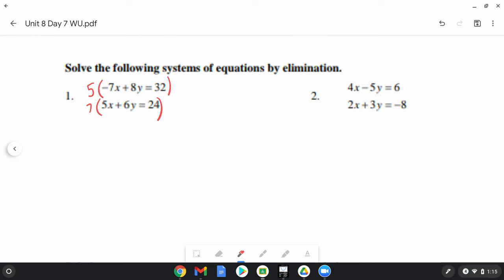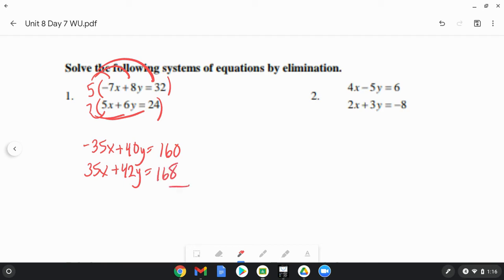So if I multiply the 5 into this, we would get negative 35x plus 40y. 5 times 30 is 150. I think that's 160. If I multiply the 7 in, that'd be 35x plus 42y. 7 times 20 is 140 plus 28 is 168, I believe.